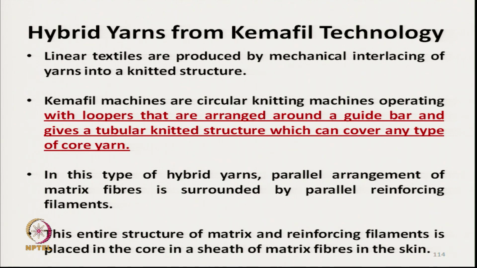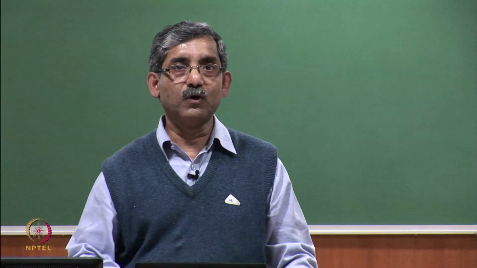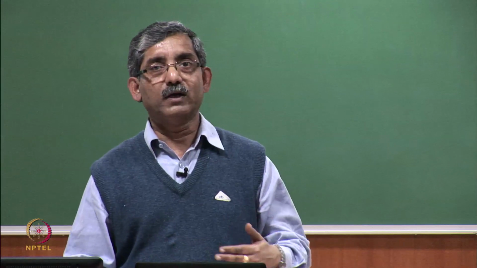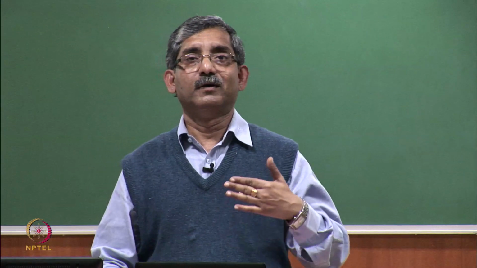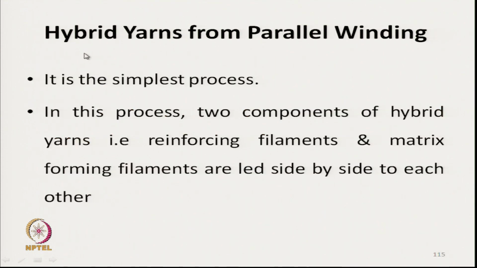So, here the knitted structure is covering the core yarn, and in the core yarn we can have both the reinforcing fiber and matrix filament, but in the sheath there are matrix filaments.